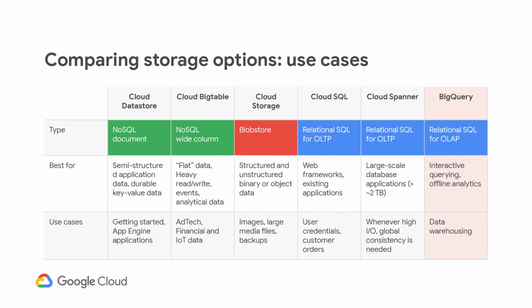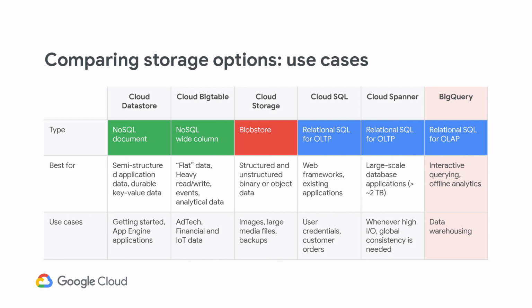Cloud Storage, as I said, is best for structured or unstructured binary or object data, like images, large media files, or maybe backups. Cloud SQL is the best tool to use when you already have an existing database, like MySQL, for example, and you want to migrate to Google Cloud.